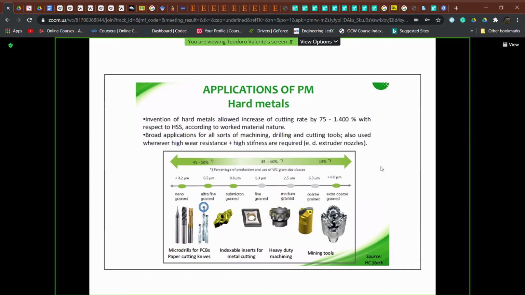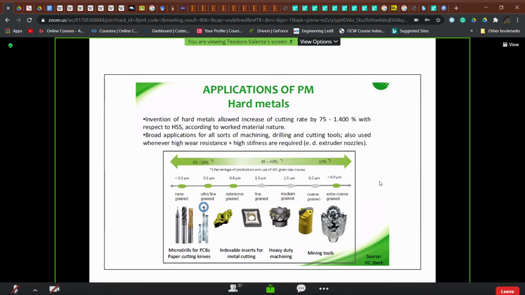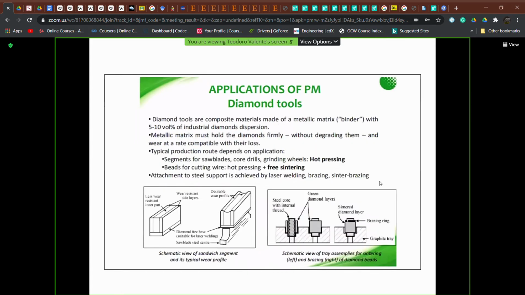a field that we could say, generally speaking, of the cutting tools, in which inserts or components are made by using ceramic metal materials through powder metallurgy technologies. Also diamond tools, which are composite materials made of a metallic matrix, that is a binder, with 10 to 5% in volume of industrial diamond dispersions.